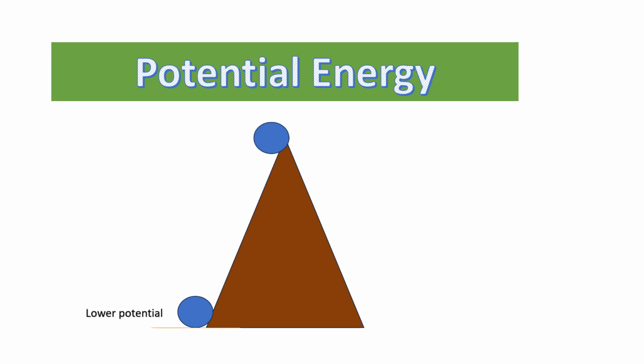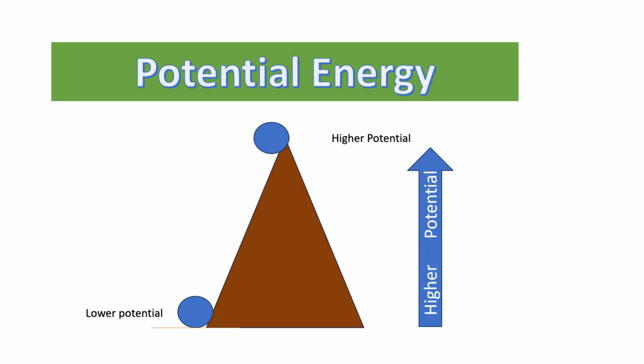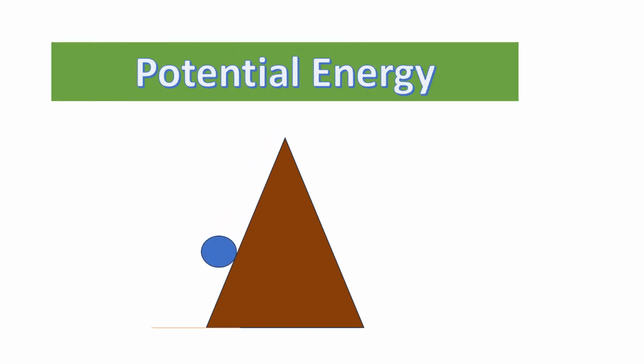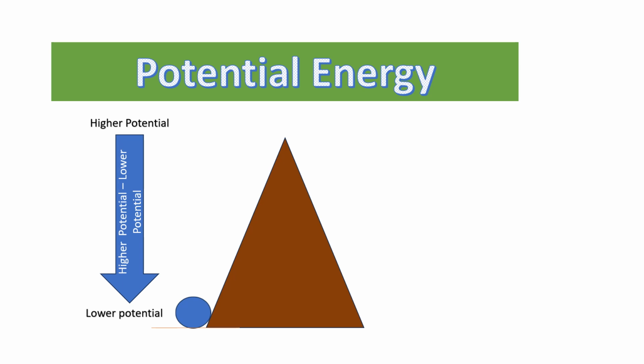So the ground ball has lower potential. The ball at a height has higher potential. As we move to a height, we gain higher potential energy. But the ball will not remain there forever. It's not possible. The ball will try to roll down and come back to the ground. So higher potential has a tendency to drop towards lower potential.